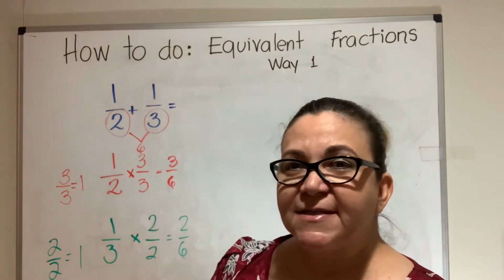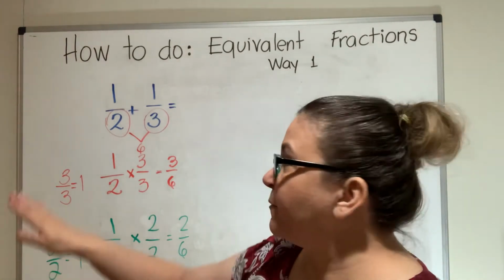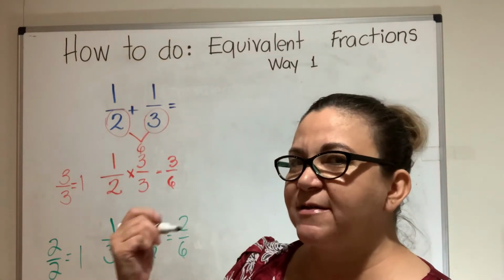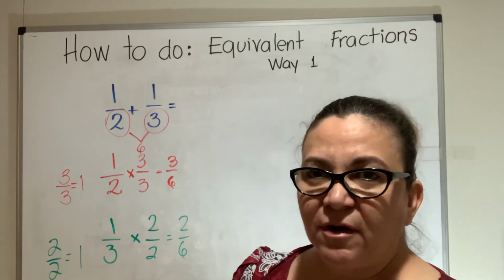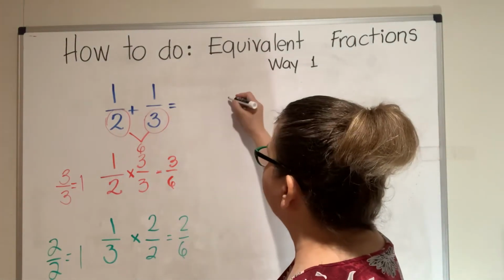Now that we have the same denominator, then we can add. So I'm going to replace these two with the new ones, and I'm going to use a different color so you can see where the new addition of fractions is going to be.